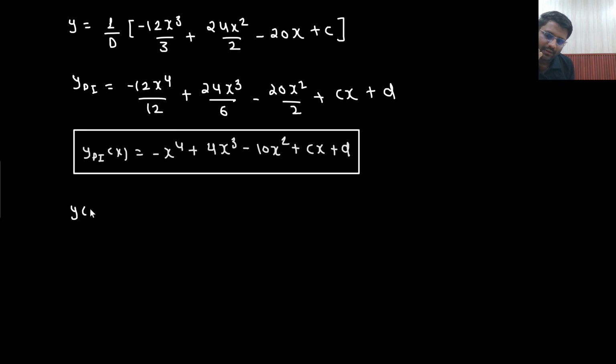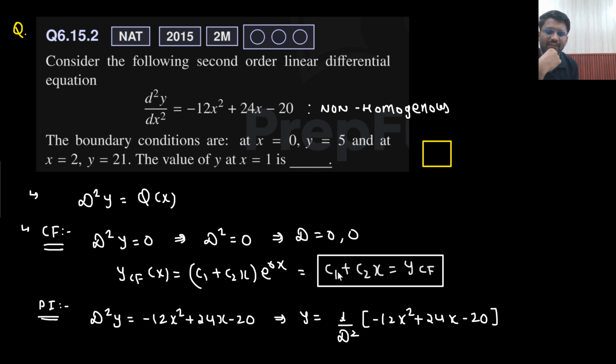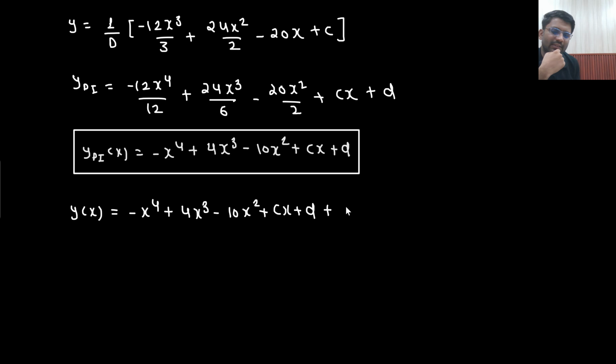What will be your y? So y will be nothing but cf plus pi. So minus x to the power 4 plus 4x cube minus 10x square plus cx plus d. What is your cf? Sir, cf is nothing but c1 plus c2x. Sir, constant will make another constant. This is also constant, this is also constant, it will make another constant.